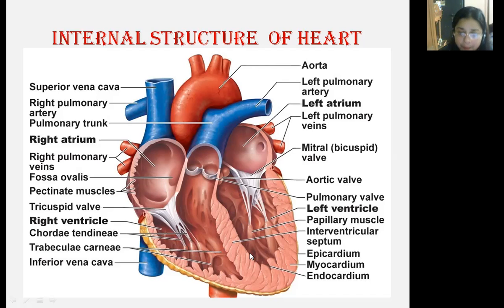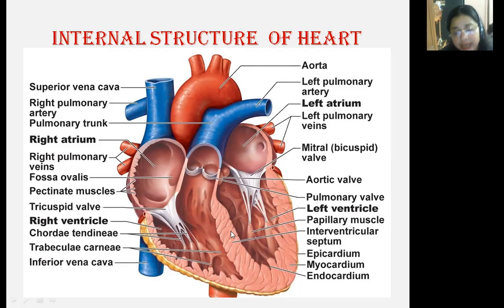This is guarded by the papillary muscle and these thread-like structures called chordae tendineae. These are thin, thread-like structures, which tightly tie the tricuspid and bicuspid valves with the papillary muscles and prevent any kind of damage during forceful blood propelling.